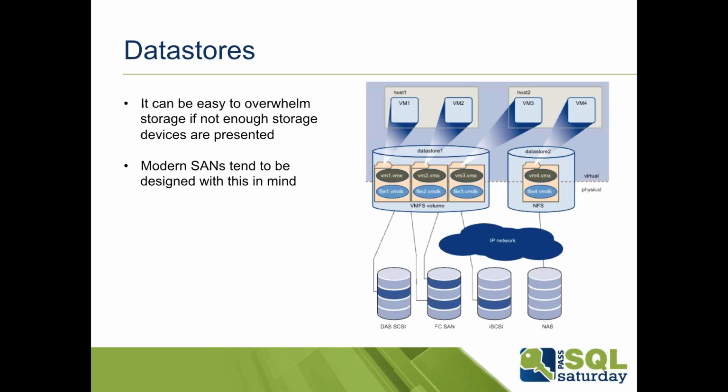Data storage. It can be easy to overwhelm storage if not enough devices are presented. What really changed is modern SANs. And this is probably for the last 5 or so years, we've really started to see the SAN architecture shift. If we think back to SANs and we think of a LUN, which is a volume that gets presented to your server from the SAN, that used to be really just a series of disks that were on the SAN, and you got something that was carved out of that.